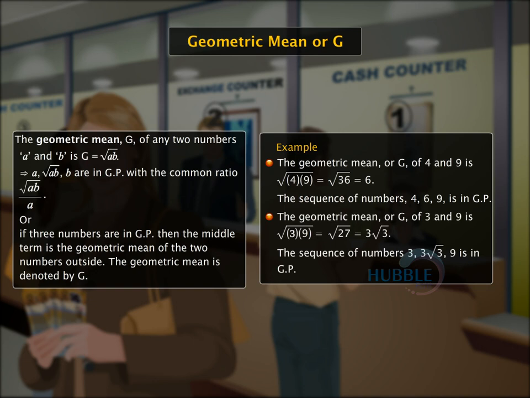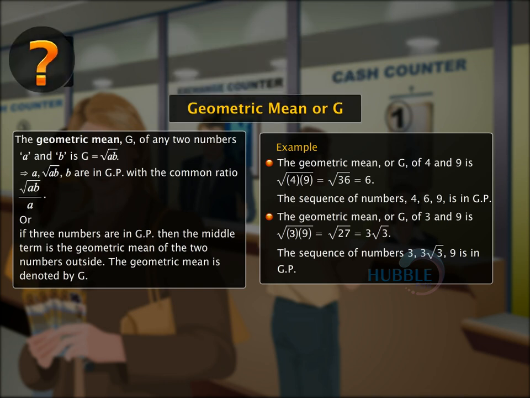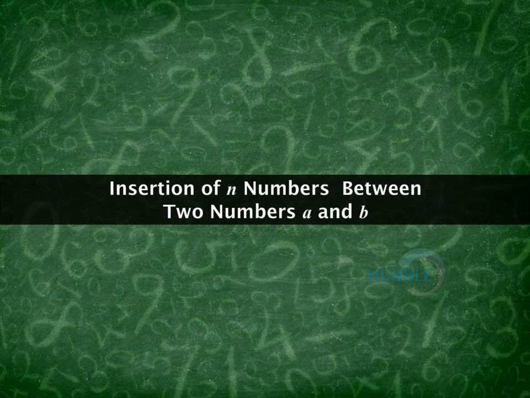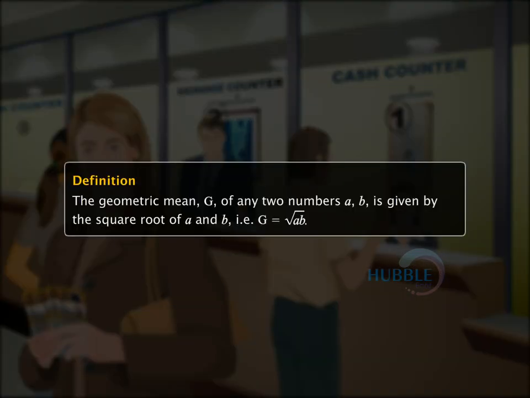As of now, we have seen that when inserting one number between two numbers, we can generate a sequence in GP. Now, if we insert more than one number between two numbers, can we still get GP? Let's find out. We know that the geometric mean g of any two numbers is given by taking the square root of the product of two numbers.